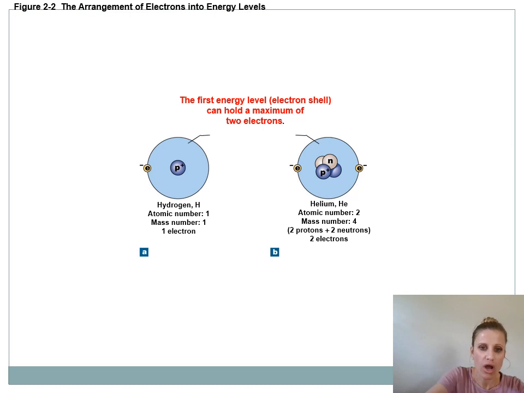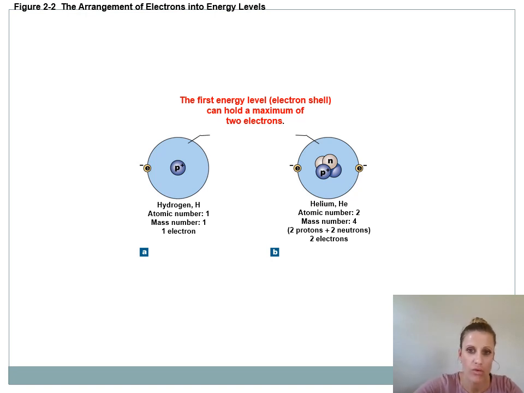We're not going to draw all these shells and throw it out here in the 3rd shell, because remember, the electrons go into their shells, the 1st shell, then the 2nd, then the 3rd. They fill in order. Okay, since there's just 1 electron, we're going to put it in this 1st shell, and that's what hydrogen looks like. The 1st shell can hold a maximum of 2 electrons, so hydrogen could actually fit 1 more electron in that shell.